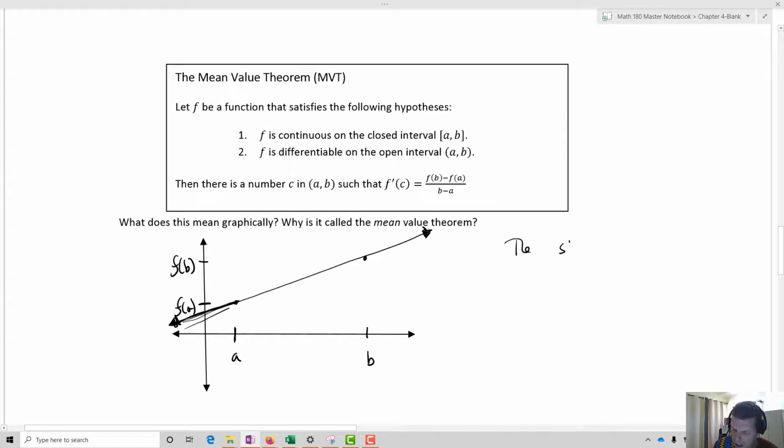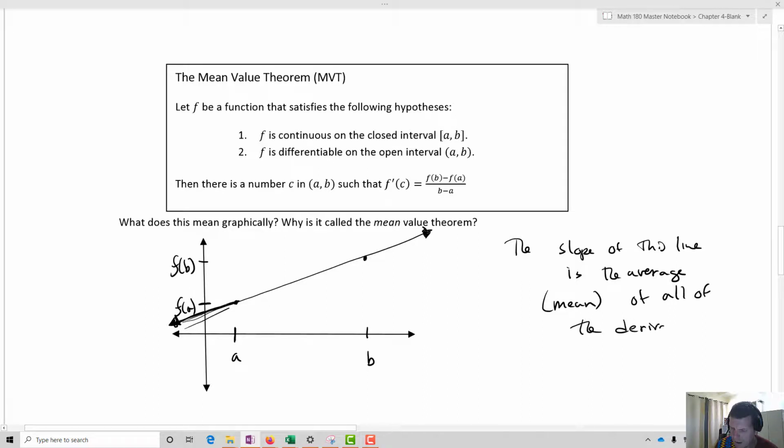The slope of this line is the average, also called the mean, of all of the derivatives between a and b.